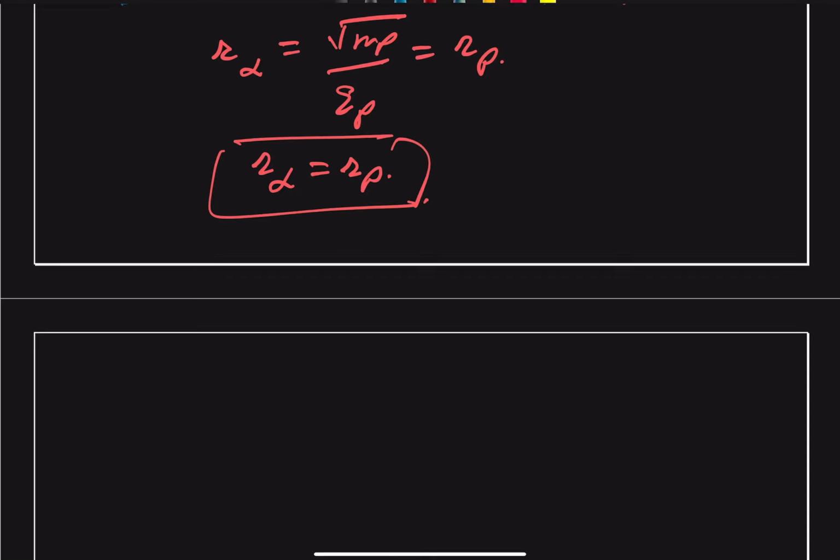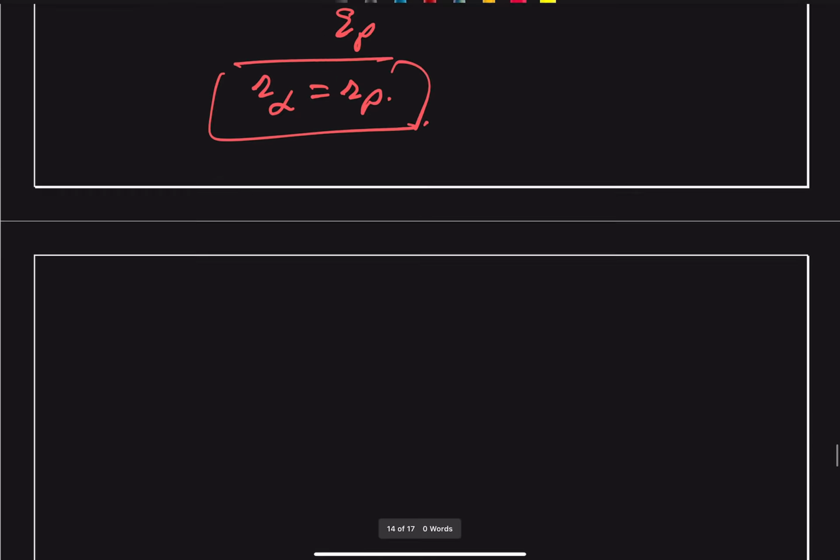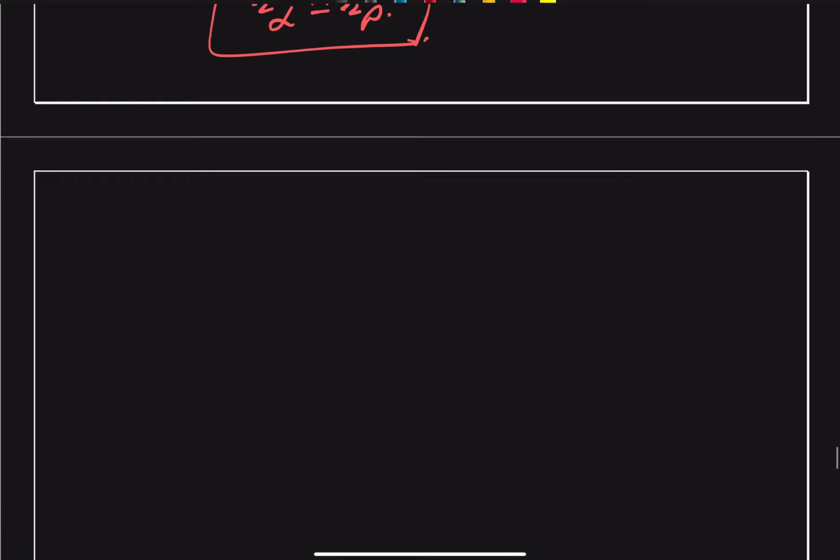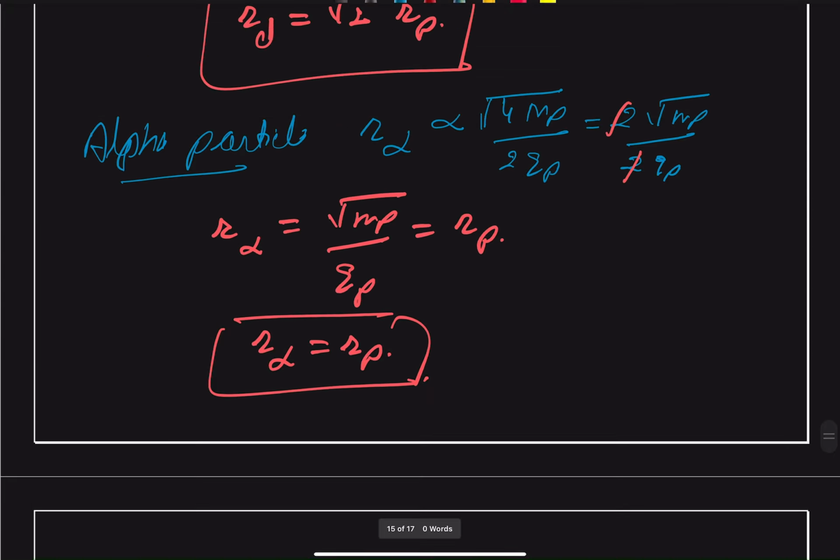Therefore, making use of all the results, the radius of alpha particle is equal to the radius of proton, which will be less than the radius of deuteron.